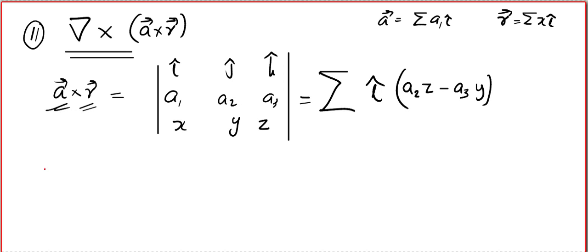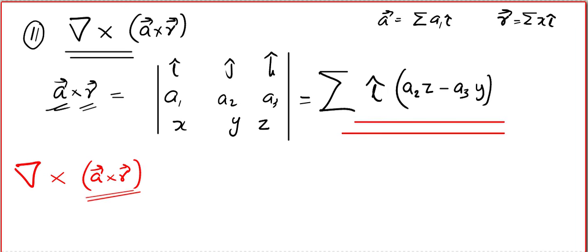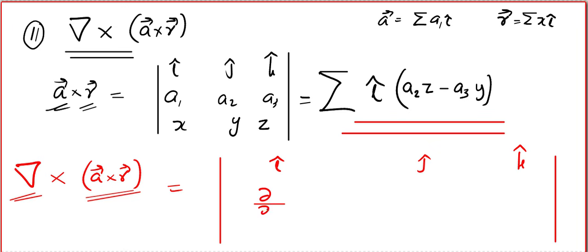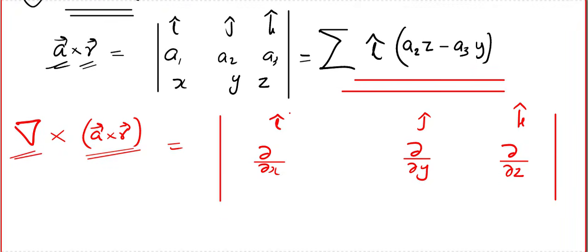We need to find del cross A cross R. So we know A cross R, it's right over here. We know who is del. So we go for the determinant i, j, k. What is the coefficient of del? The partial derivatives. Now tell me the coefficients of A cross R. It's so easy. Tell me the first one.